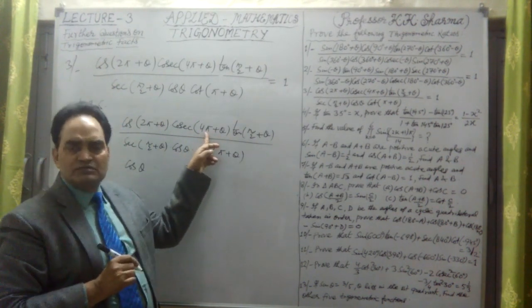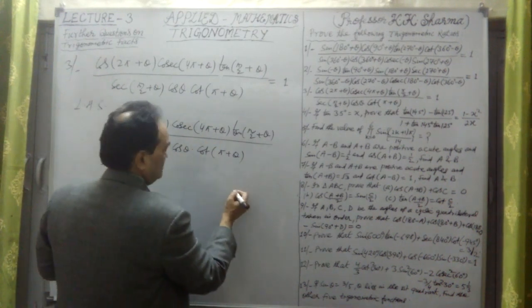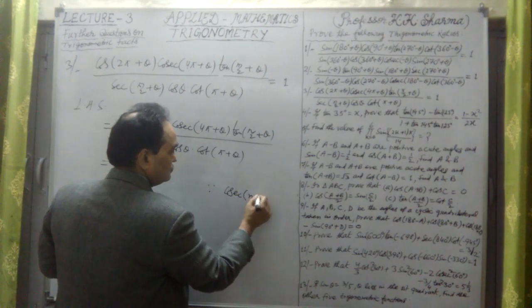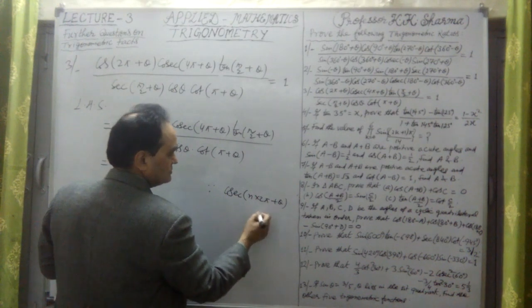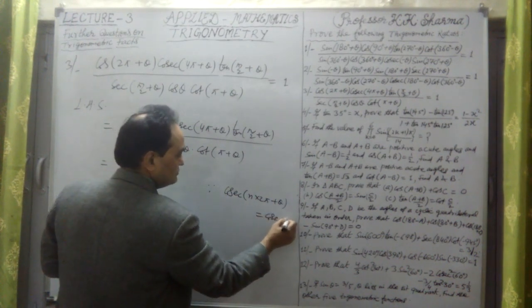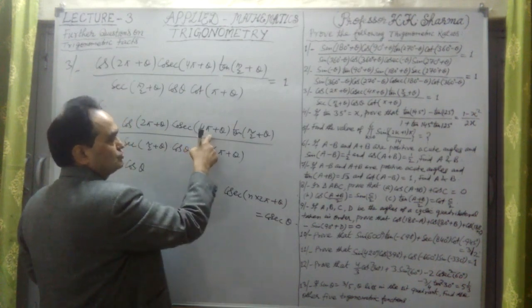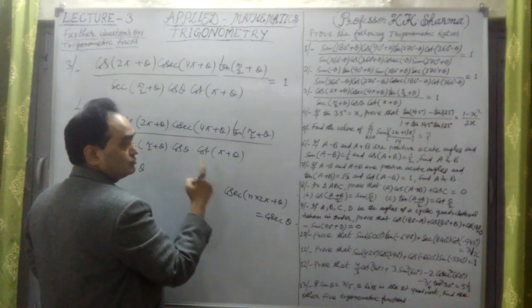4 pi is a multiple of 2 pi, so n times 2 pi. We know that cosec of n into 2 pi plus theta is again in the first quadrant, equal to cosec theta, a positive value. 4 pi means 2 into 2 pi, so in place of n we have 2.